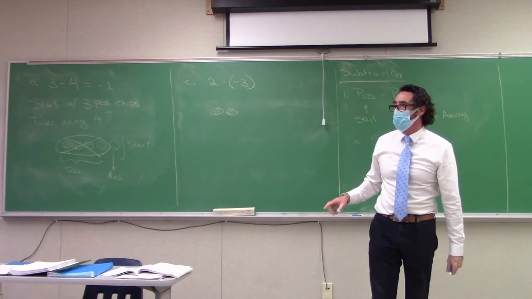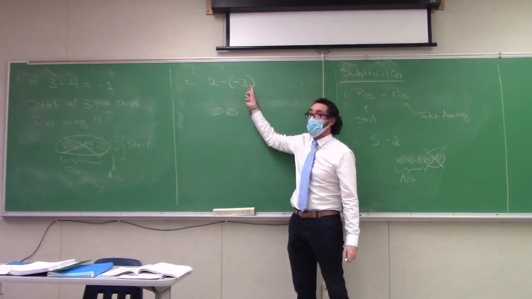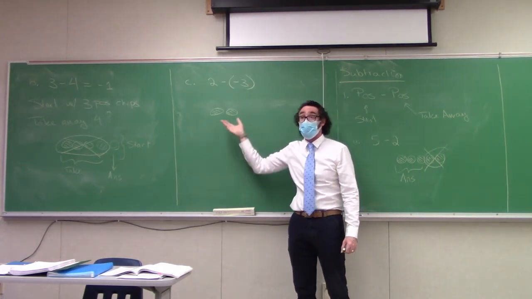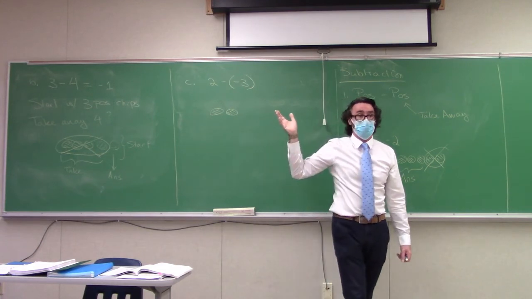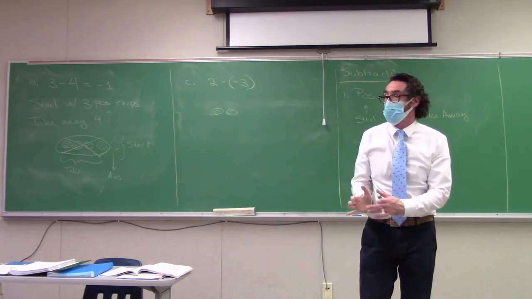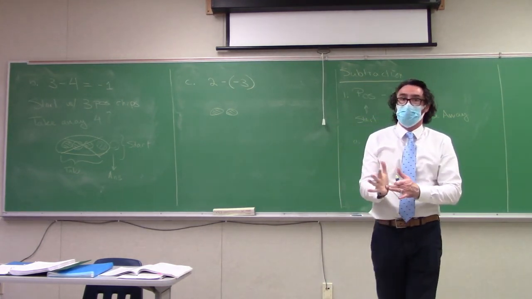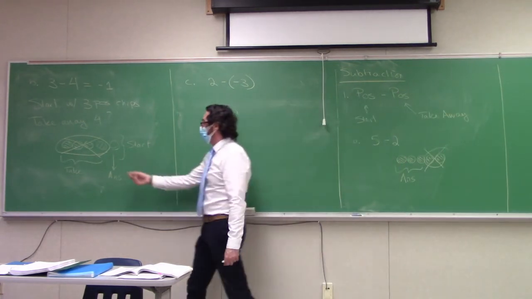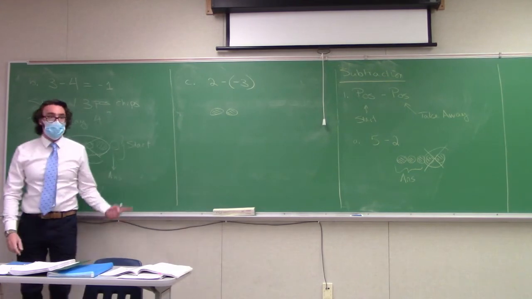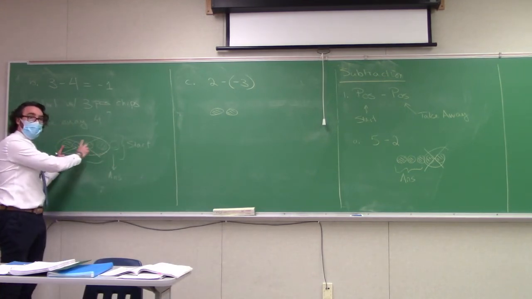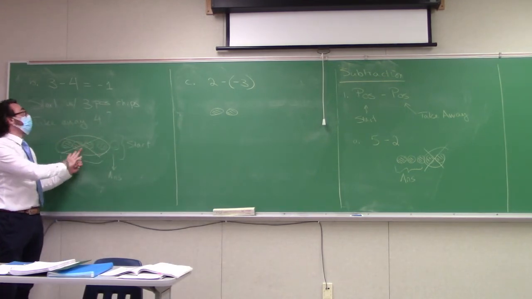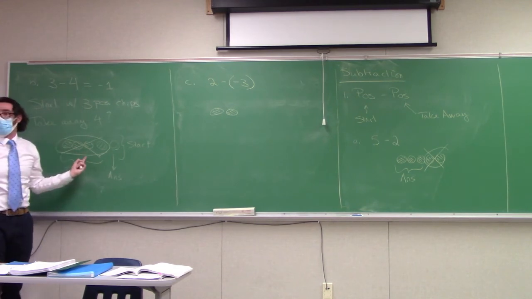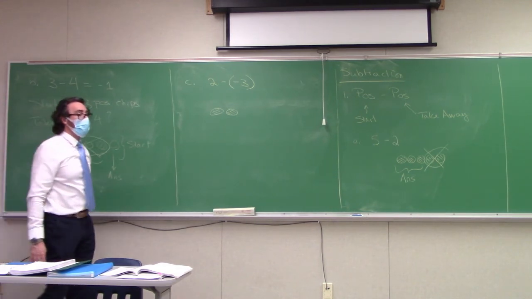Not really, because it doesn't allow me to take away any negative chips because it doesn't have any negative chips. So what should I do? Remember what we did over here. The whole reason we chose this model is because it had 4, and we needed to take away 4 positives. So what could I do?